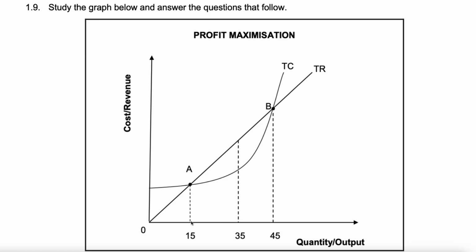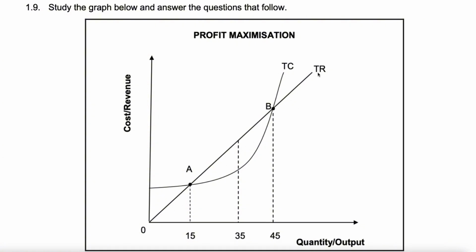As output goes up for a monopoly, price goes down. So there is no way you are going to see a curve like this going up like this. What you'd expect is something going up and then it begins to go down. But in this case, you see what we're looking at.